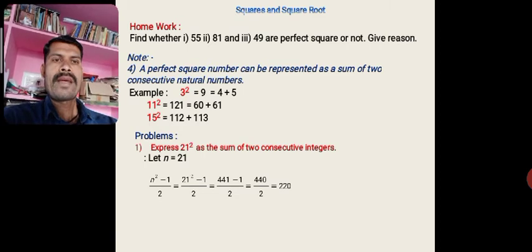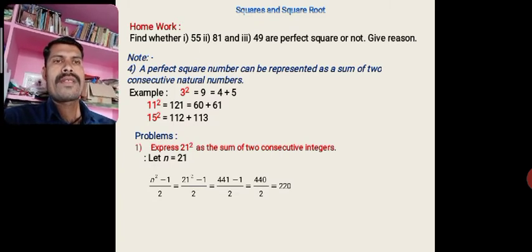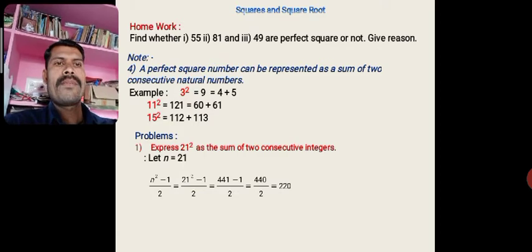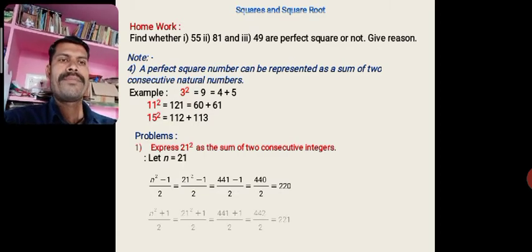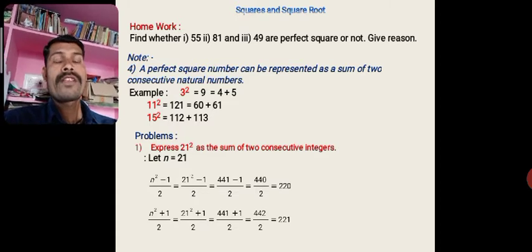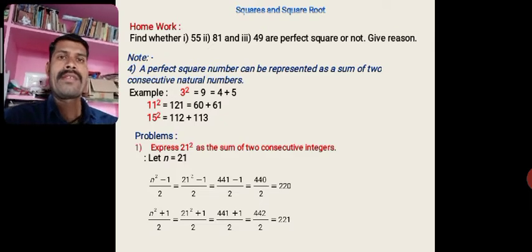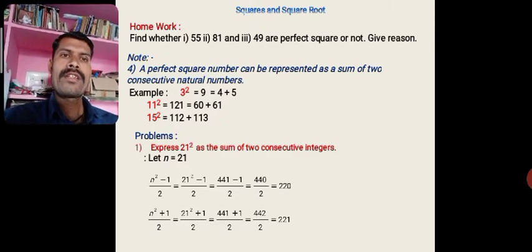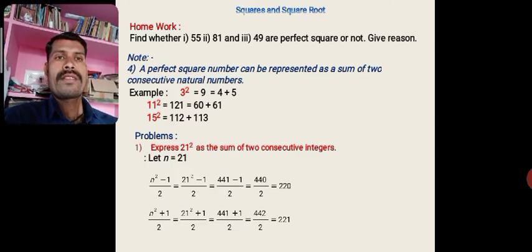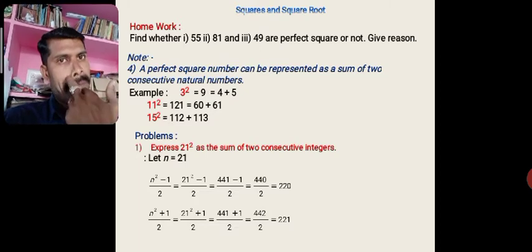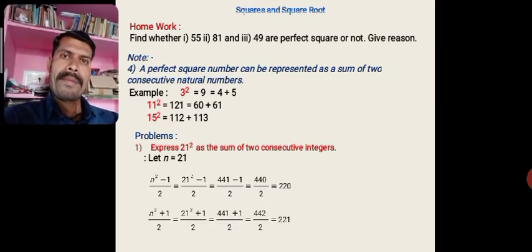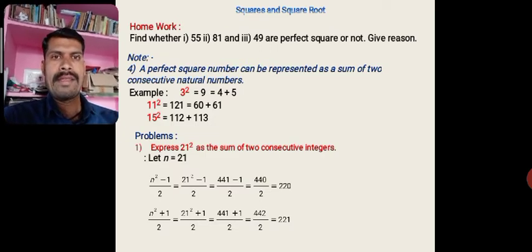That is 441 minus 1 by 2, which is 440 by 2, which is 220. So the first number is 220. The other number will be 221. The sum of two consecutive integers 220 and 221 is of the form (n square plus 1) by 2. You have to remember this one, to identify the consecutive natural numbers between which represent a square number. This is how Ramanujan worked with these types of numbers.